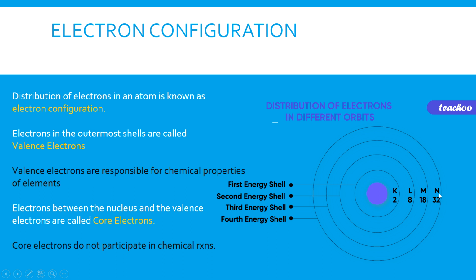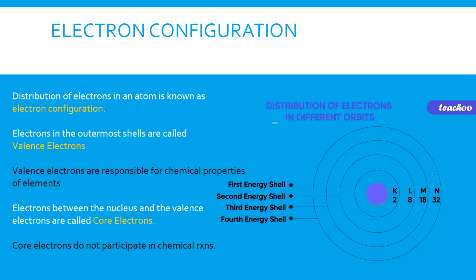So when I ask you to compare the energy levels that exist between K and N, you should be able to tell me that K has a lower energy level as compared to the N shell. I believe this is very clear and making sense. So the closer the shell is to the nucleus, the less its energy level.